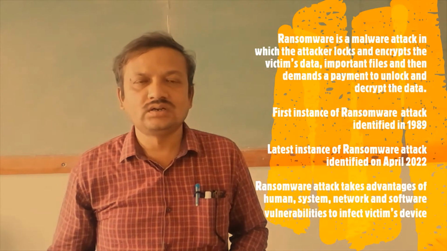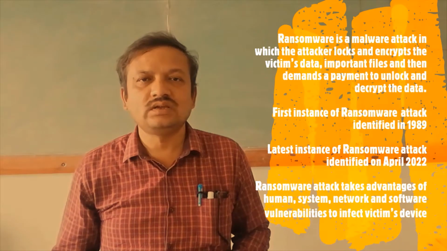The next topic is the various examples of ransomware. There are more than 1,000 ransomware that have been developed so far, and now we'll see some of them and the techniques they use for infecting a targeted computer system.